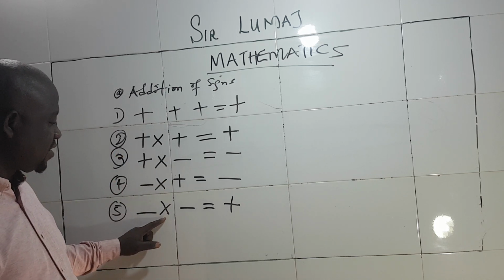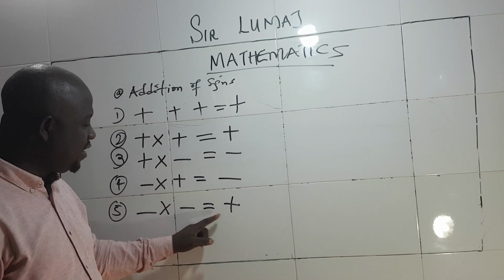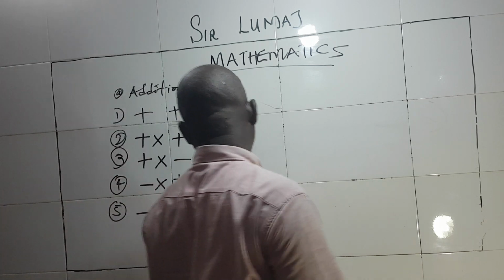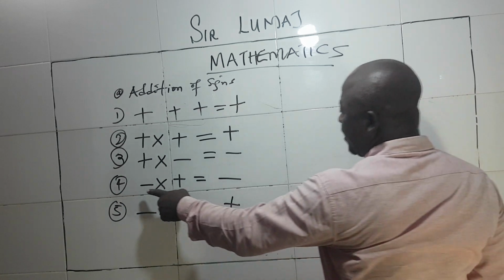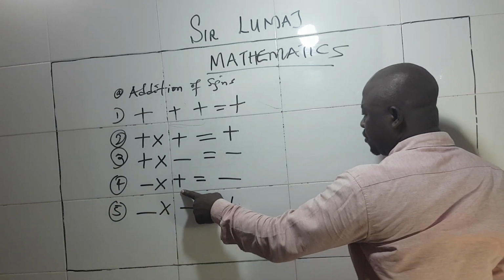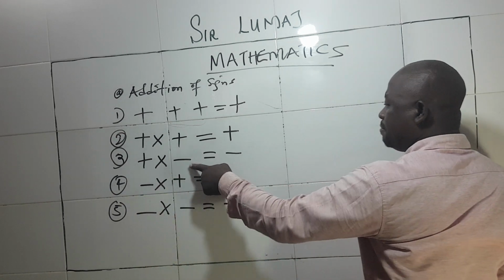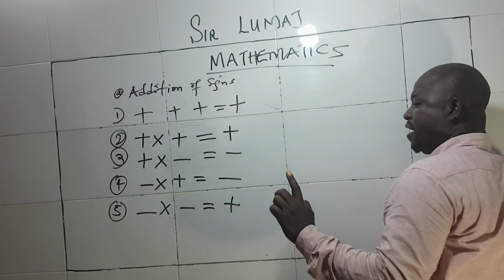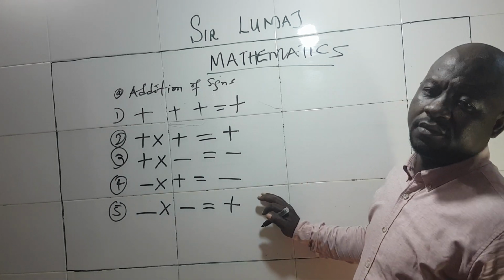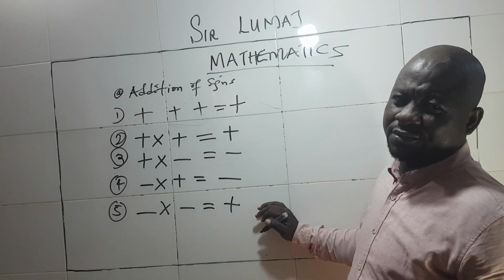Minus times minus is equal to what? Plus. Minus times plus is equal to minus. Plus times minus is equal to what? Minus. Just note this, because you are going to need this a lot.